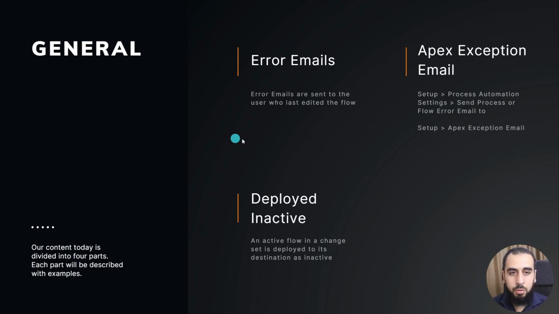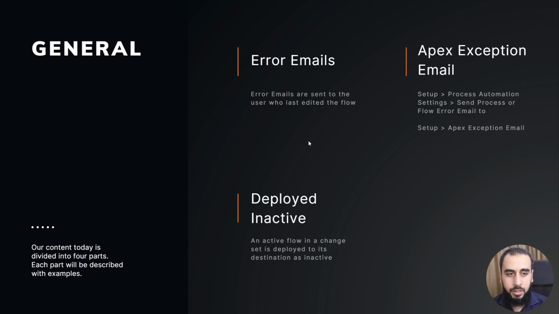A couple of other notes here. When you deploy an active flow, if you build a flow in a sandbox and then deploy that to a production environment, and the flow is active in the sandbox, it's going to be deployed in inactive status in production. You will have to go and activate that.